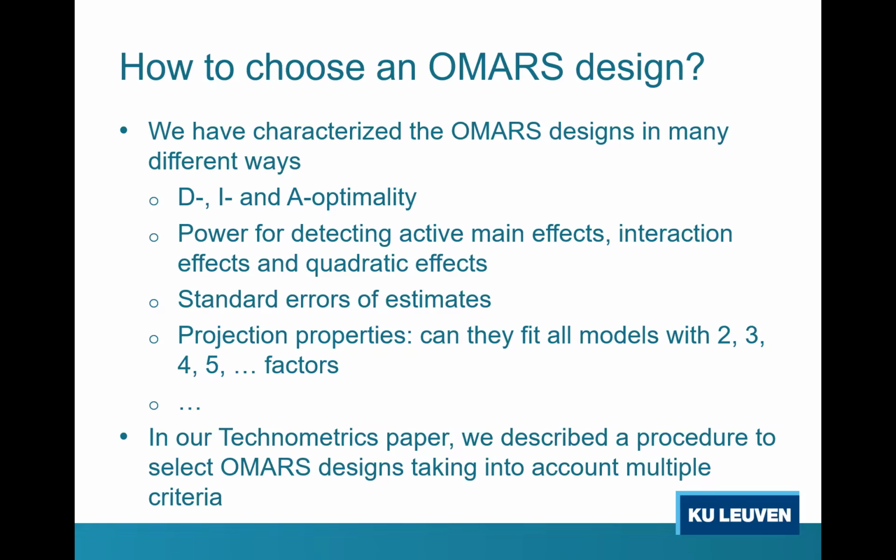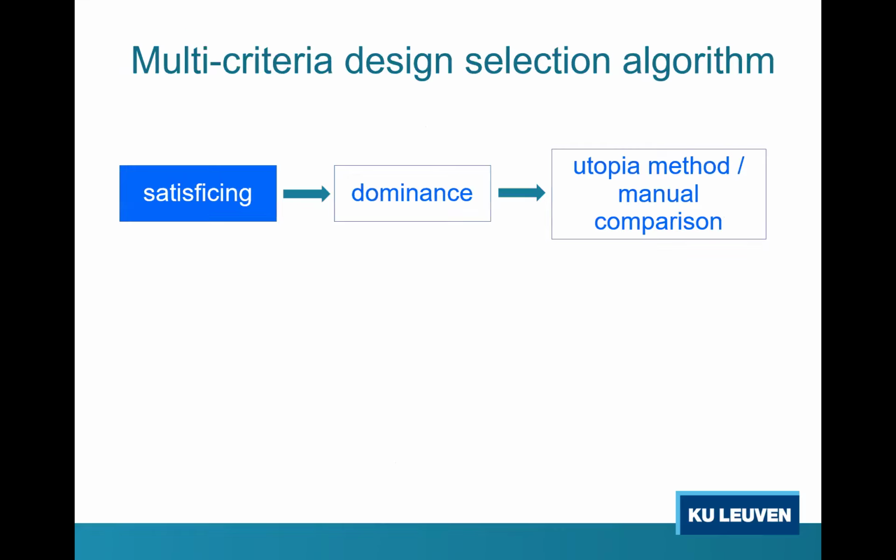And these tailor-made designs are always constructed by optimizing exactly one criterion to measure the quality of an experimental plan. So you could say that's a sort of one-sided approach to design of experiments. We wanted to avoid that here. We wanted to have a multi-criteria decision tool to select the best possible experimental plans.